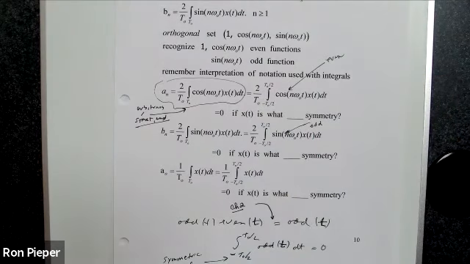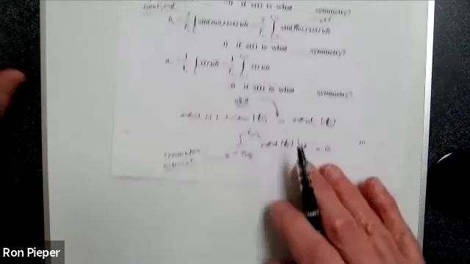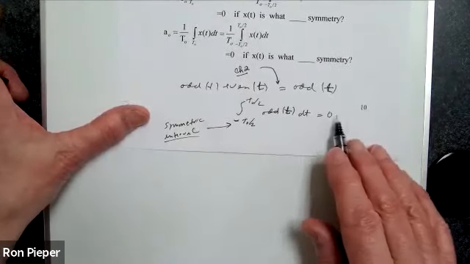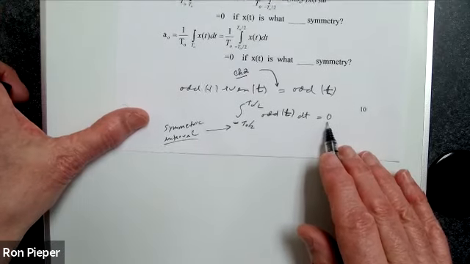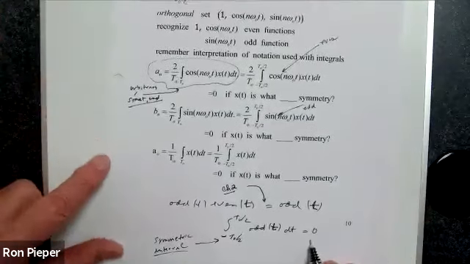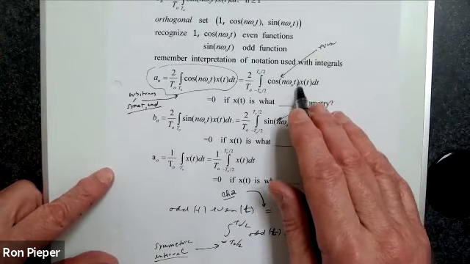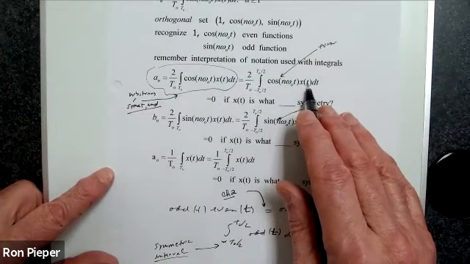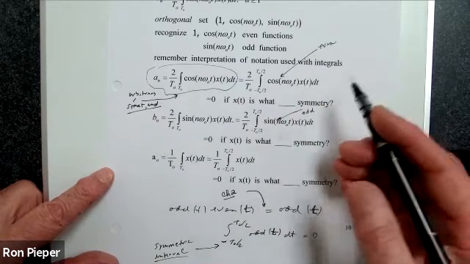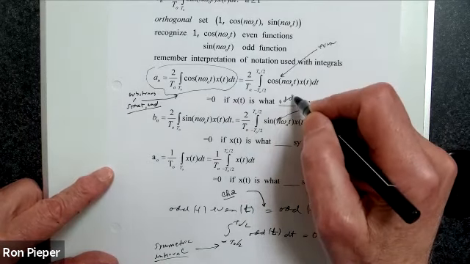We're integrating over a symmetric interval, and when you get that condition, that's when you get 0. So the idea now is, and I think you told me the answer, if x of t is odd, then this works to give us 0.